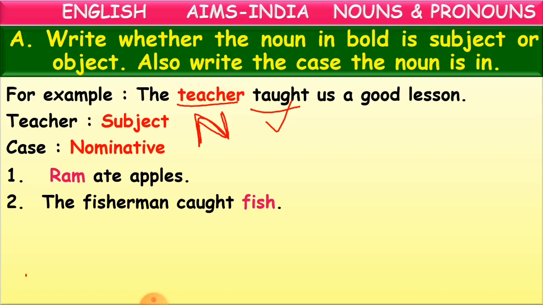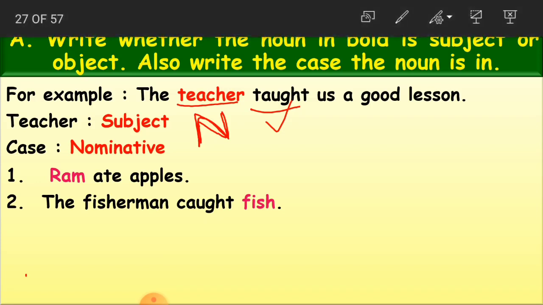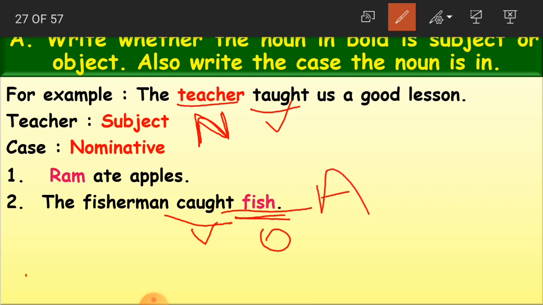If you see the second sentence, the fisherman caught fish. Here, fish is highlighted, and it is our object. Caught is the verb, fish is the object. When the noun is the object of the verb, that case is what, children? It is the accusative case.